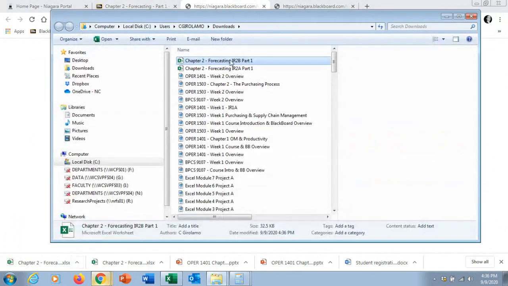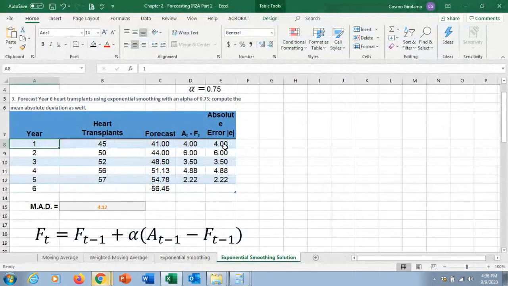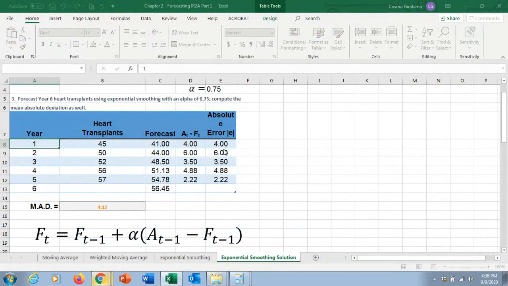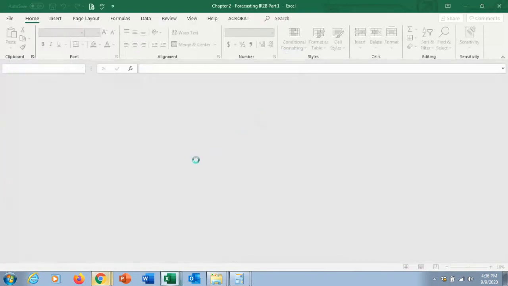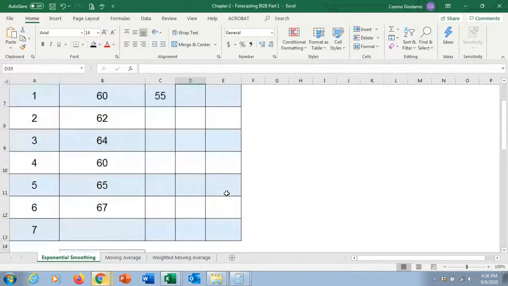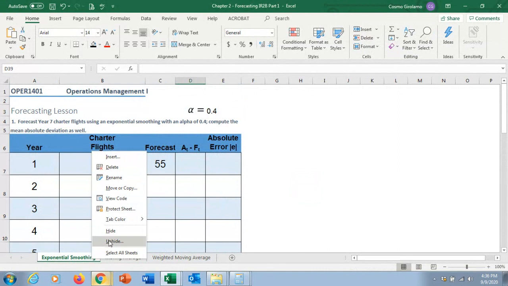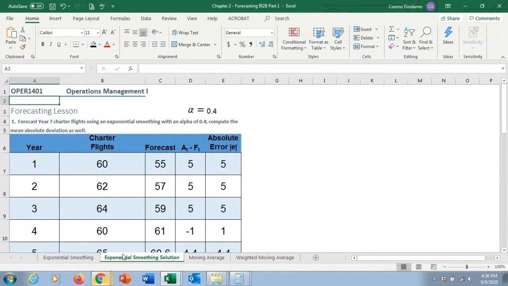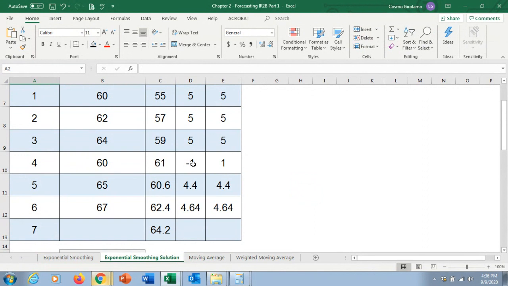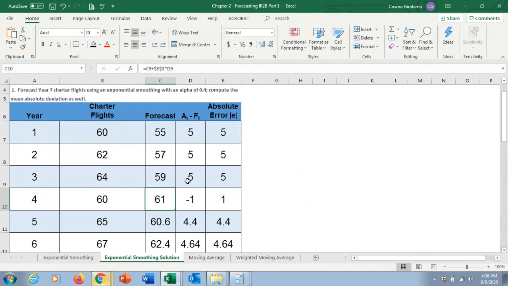The reason that I want you to do this one is that there's exponential smoothing, and if I unhide the answers here, you'll notice that a negative value comes up. So here, when we made a prediction, we were above, so we had to go down. So the exponential smoothing corrected for that. You didn't see that in this exercise, you see it here. So make sure that you go through this exercise, that you can do this exercise for the exponential smoothing, and that you understand it.